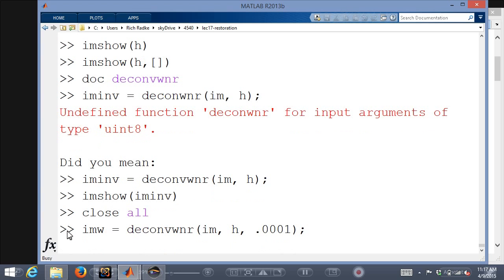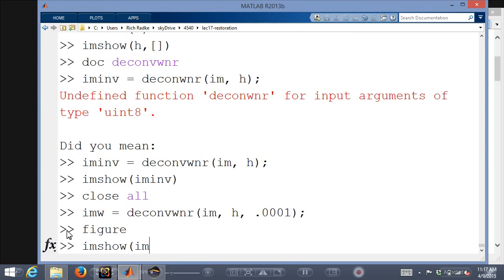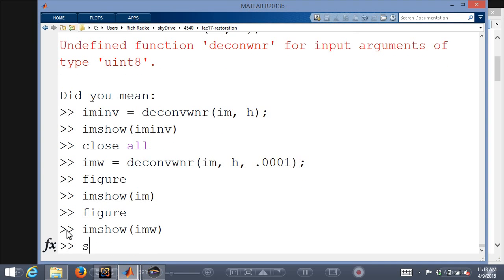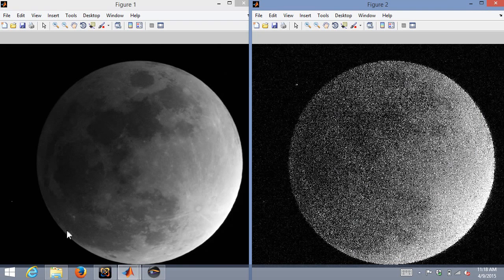So here I'm just providing a number for that K. This number is pretty small, so that means it's kind of close to the, let me show the original image and this Wiener filtered image.